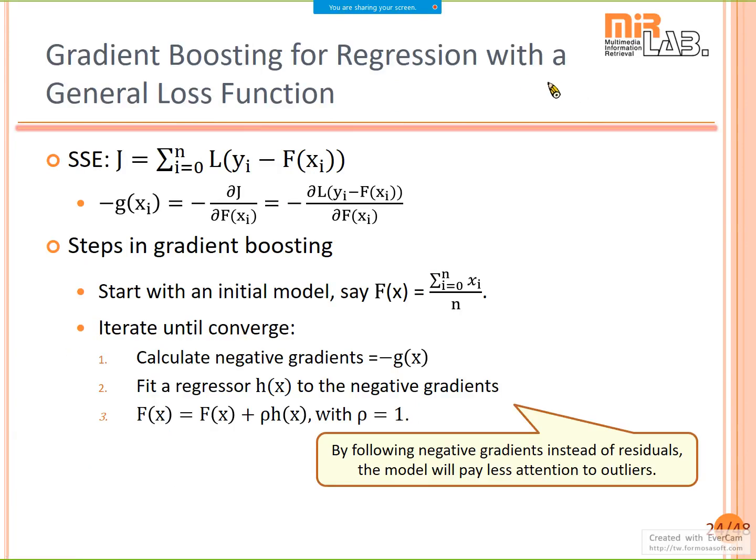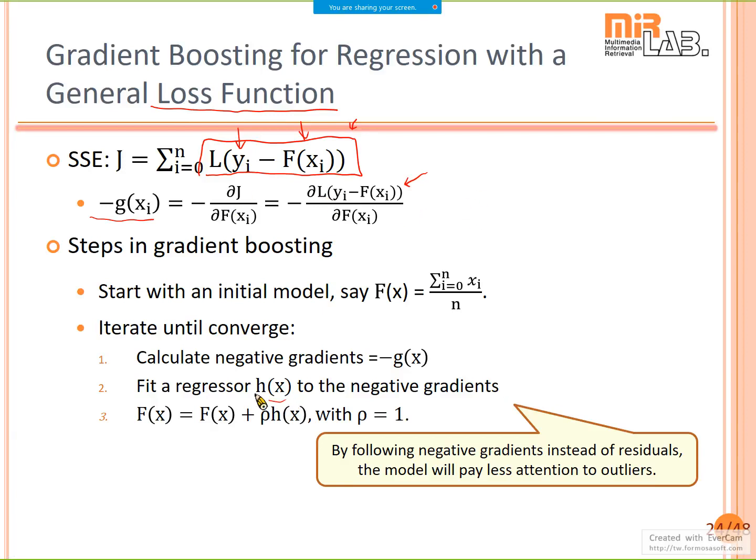So here we have the procedure. If you have a general loss function, then how do you do gradient boosting? Because it's a general function, it is represented by the deviation between the desired output and the predicted output, and it's represented by a function L. Once we define a specific format of L, we can compute the negative gradient.